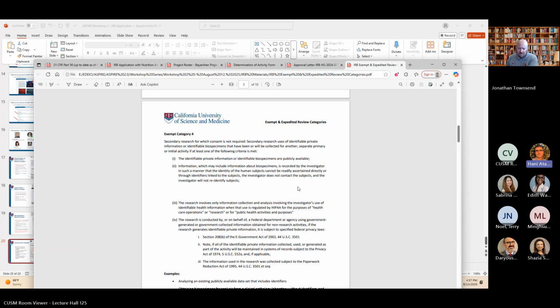If it involves pregnant women, prisoners, and there is a list of protected groups, no matter what you do, exempt or not, you have to go through full approval by the IRB committee, which means those projects will not be concluded by the chair only. The full members of the committee have to meet together, discuss it, and approve the project, or come back with questions or reject it if they see inadequate presentation or protection for the subjects' identity, confidentiality, and safety.